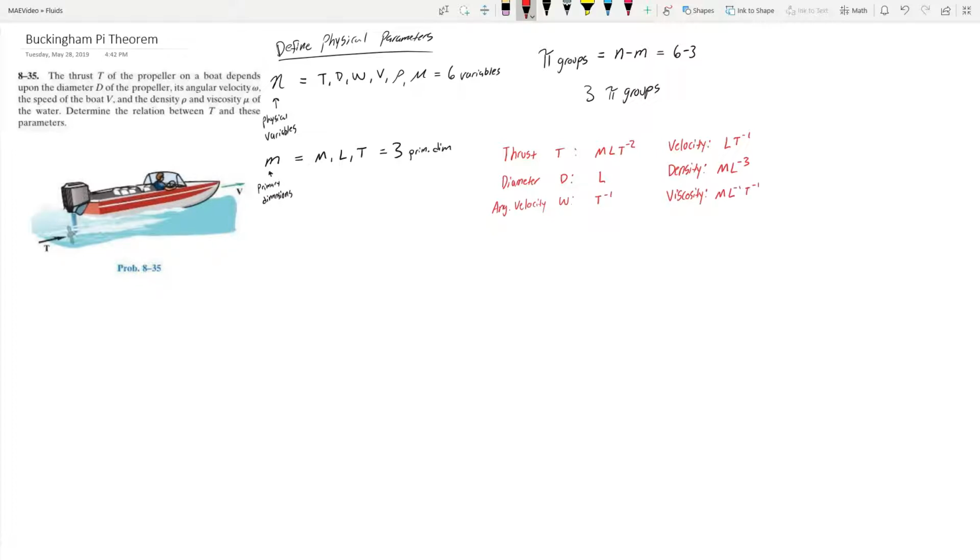Okay, now our next step here is we're going to want to select variables that are going to repeat, meaning that these variables are going to appear in all 3 pi groups, or could possibly appear in all 3 pi groups. So we're going to select the repeating variables.